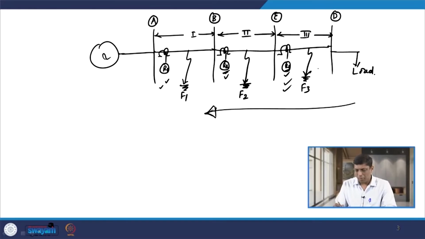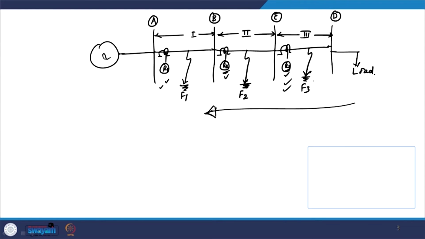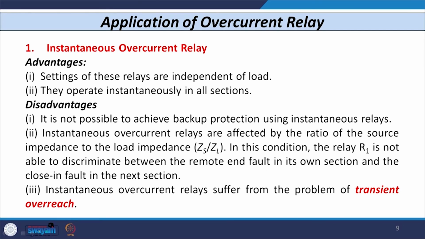The second advantage is that they operate instantaneously for all the line sections. If any fault occurs in section 3 at F3, R3 operates instantaneously. Similarly, if any fault occurs in section 1 at F1, R1 operates instantaneously. So, these two are the advantages of instantaneous overcurrent relays.